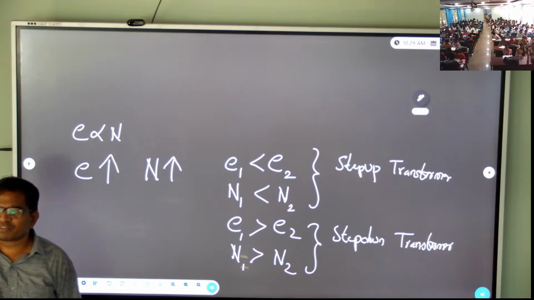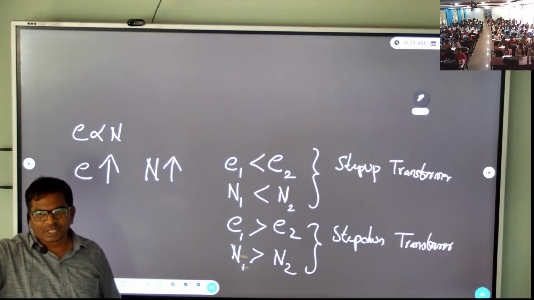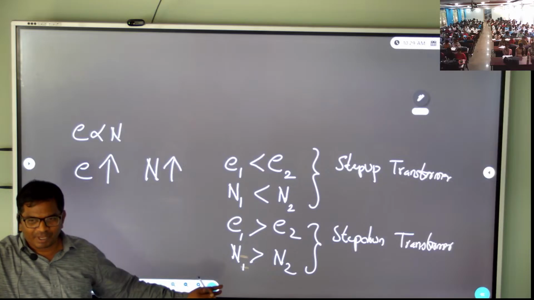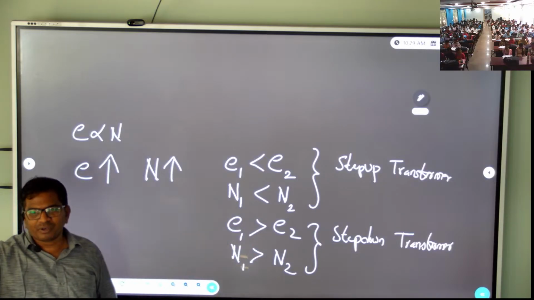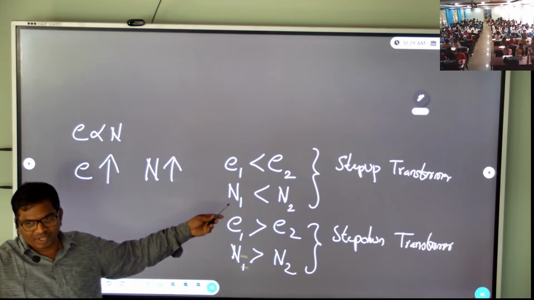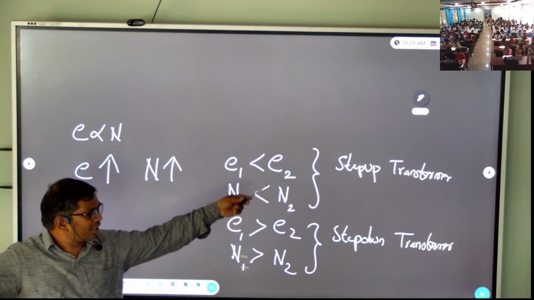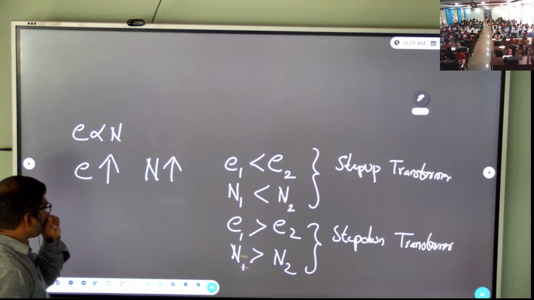If number of turns are more in the primary than the secondary, then you can say step down transformer. If the number of turns are less when compared to secondary, then you can say step up transformer.